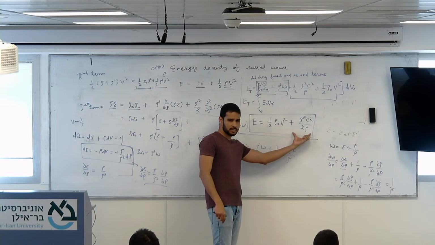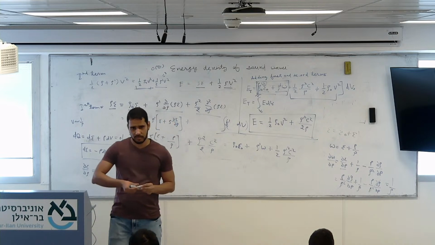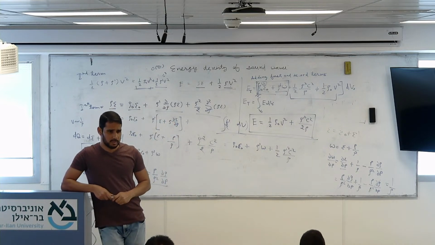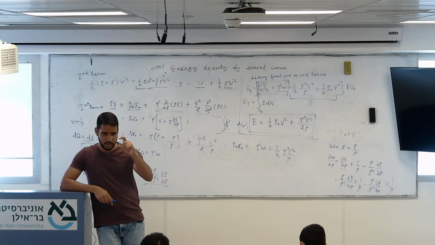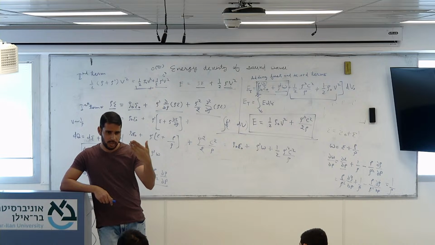And this one, what is that? You should be able to interpret it. It's not difficult. What is the other energy? Just look at the small volume in the air where the perturbation is given, it's oscillating, and that's it. All energy should be of oscillation. What is the second term?